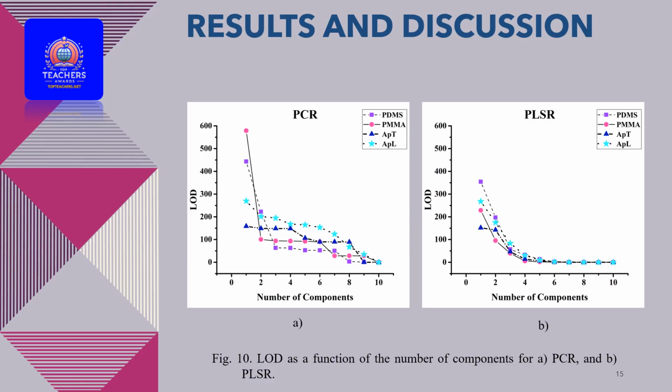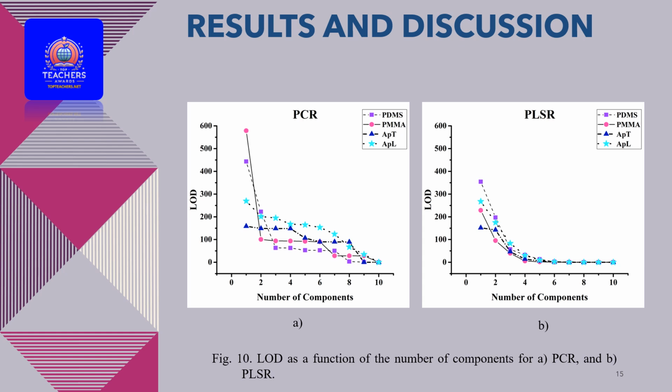Finally, in figure 10, the LOD in function of the number of components using PCR and PLSR is shown. In general, the values for the case of PLSR are lower, and in both techniques, they decrease as the number of components increases.